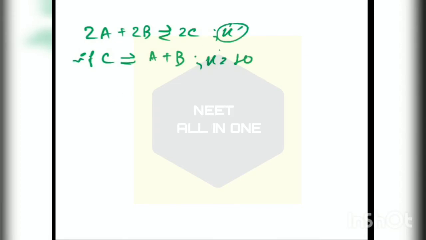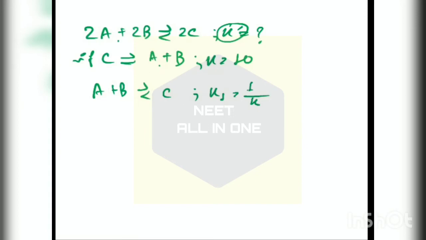We have to conclude it. So what we are going to do is write this equation in the form of this equation. If we write that, what happens? Let's write it K1. It will be 1 by K, right?